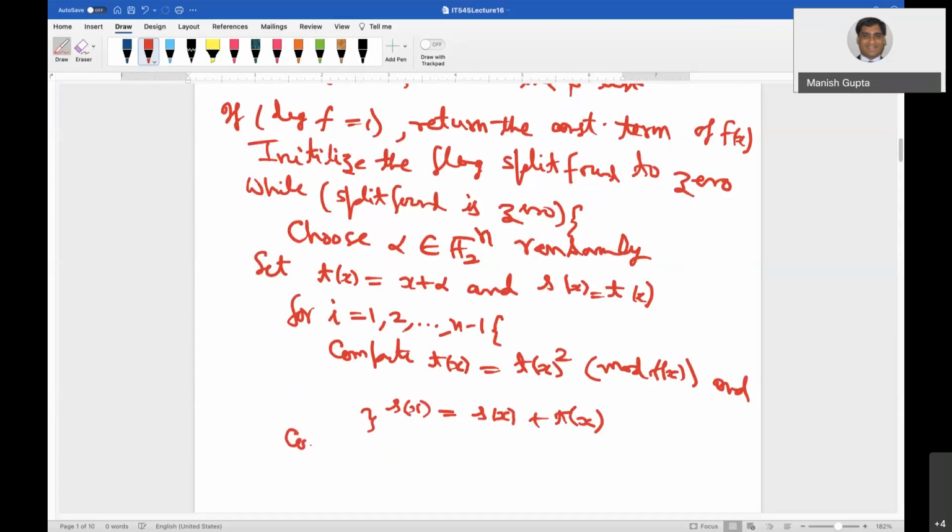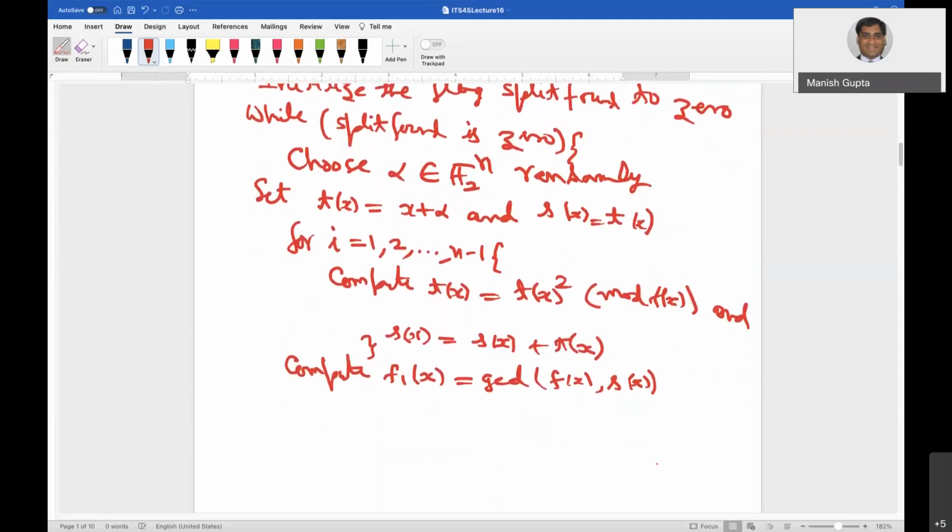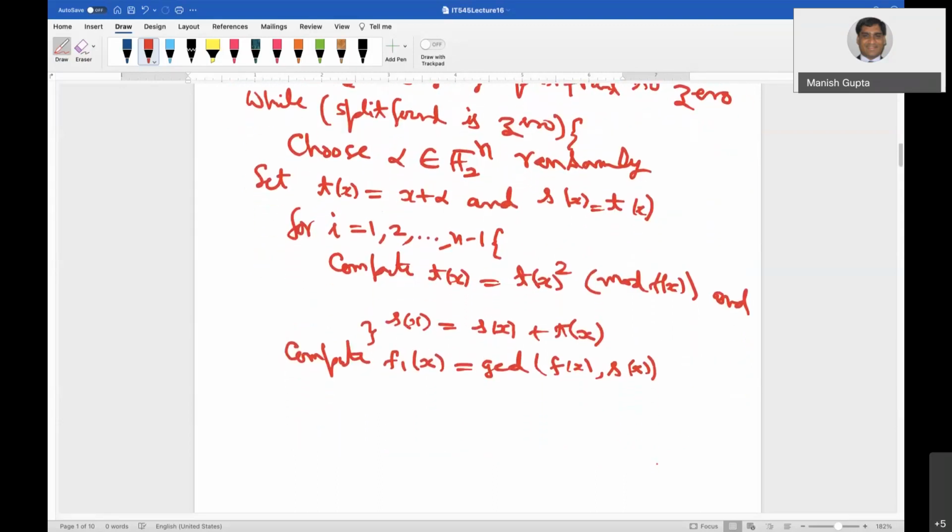Then you compute f1(x), which is GCD of f(x) and this new polynomial s(x). Once we have f1(x), if 0 is less than degree of f1 is less than degree of f, set split found to be 1.